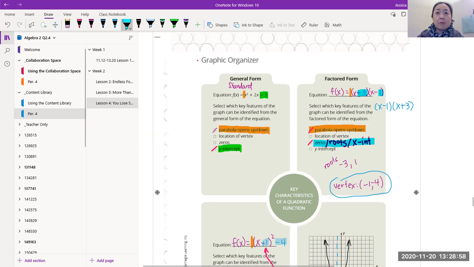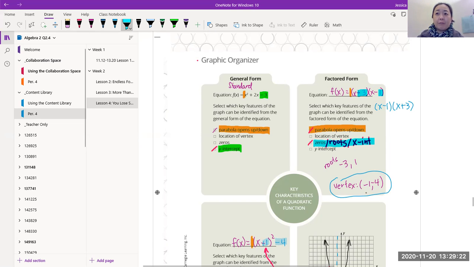If we were to plug in 0 for x, it's just -3. So we know that that's always going to be the y-intercept. All right, and then we graphed it on Desmos, and we found that the roots were -3 and 1. Notice I did not put parentheses around here because I don't mean the point -3, 1. I mean the roots are at -3 and at 1. Okay.